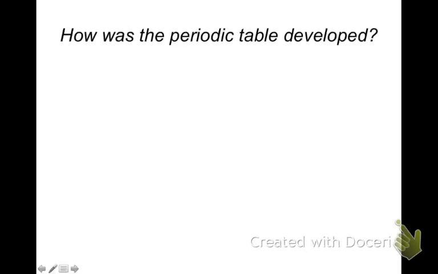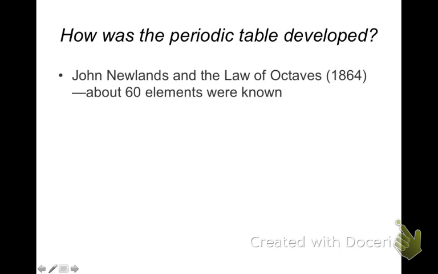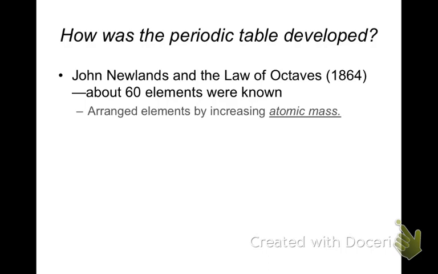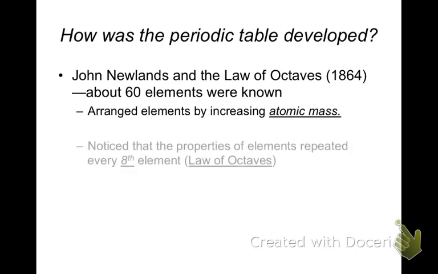So let's talk about how the periodic table was developed. John Newlands, in 1864, when about 60 elements were known, proposed what's known as the law of octaves, and he arranged elements by increasing atomic mass. So that's the average mass of one atom in AMU. He started with the very lightest and arranged them from lightest to heaviest.